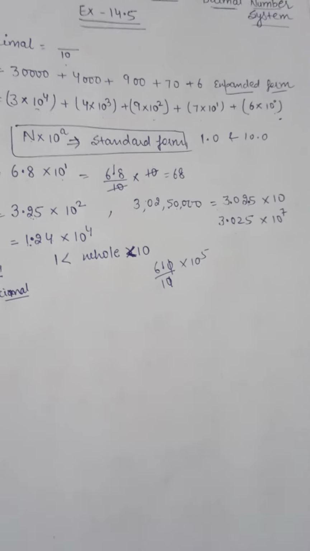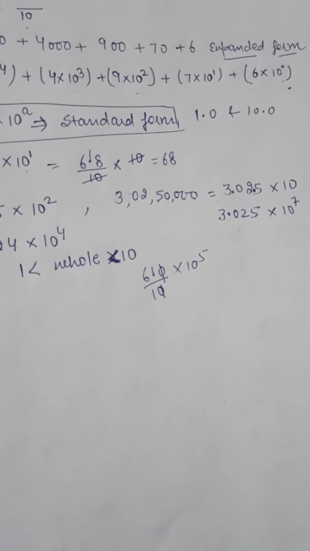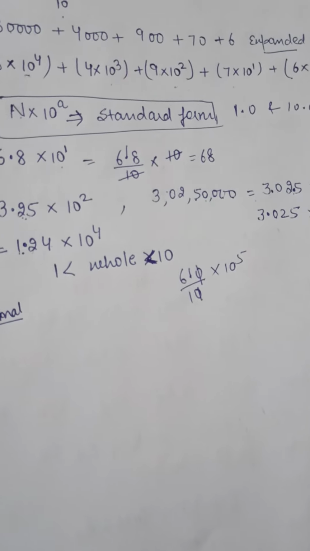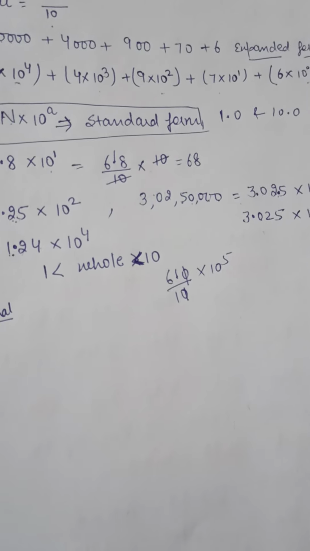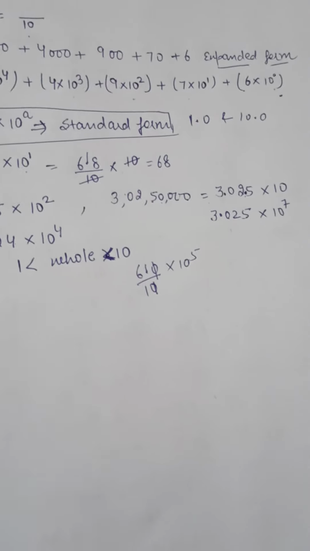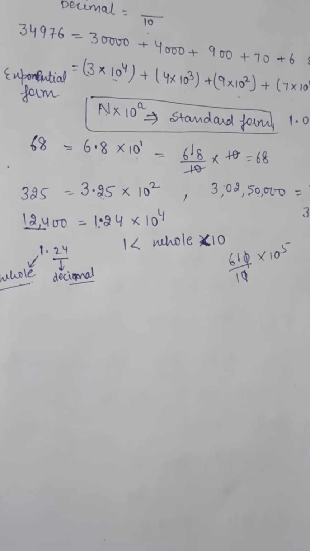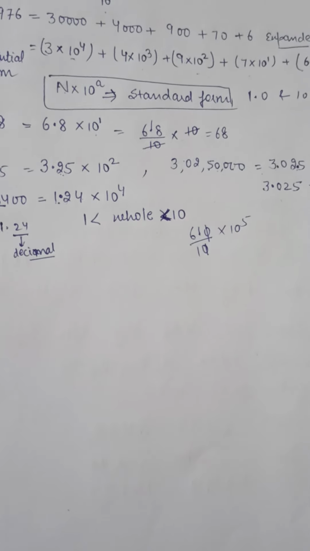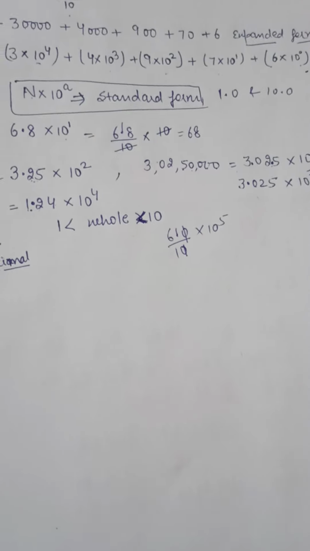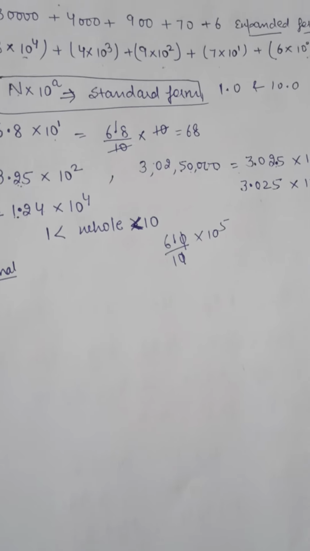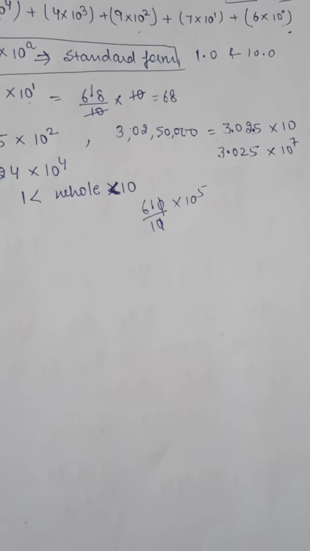So it is clear to everyone how to write in the standard form. Next, in the standard form of a number, there is only one digit to the left of the decimal point, which I told you, that only one digit we have to write there. Clear?